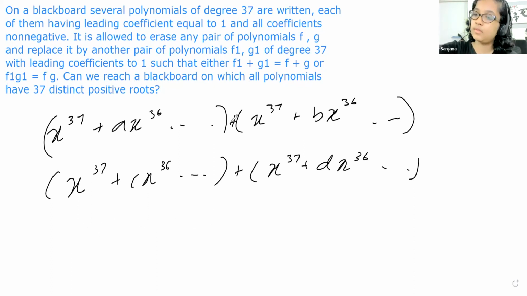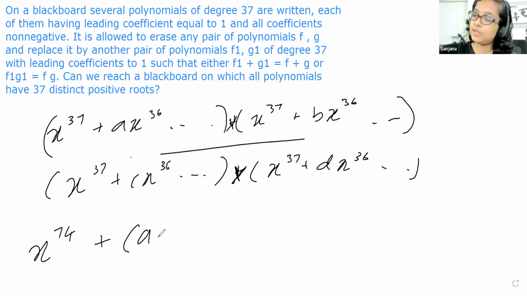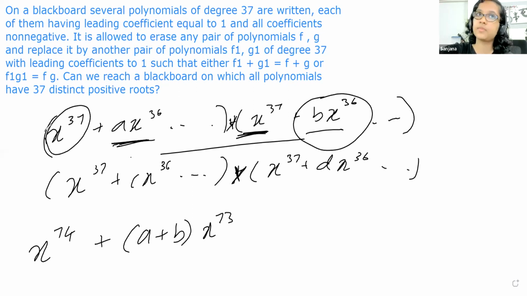Now suppose you multiply. The product is the same. Even in this case, you look at the coefficient of x to the power 73. The product you get has a plus b as the coefficient of x to the power 73, because you can only get it from this and this, or this and this.